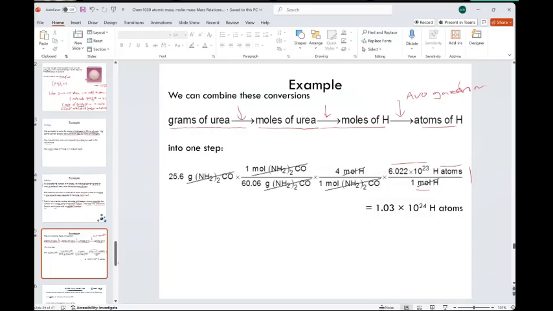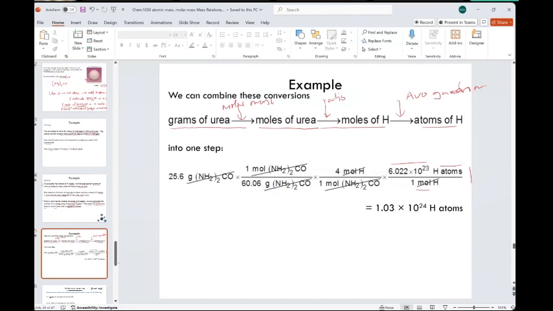Here is your ratio. Here is your molar mass. Now, this is a multi-step conversion calculation. You can do this in one step, or you can do it in multiple steps separately, it doesn't matter.